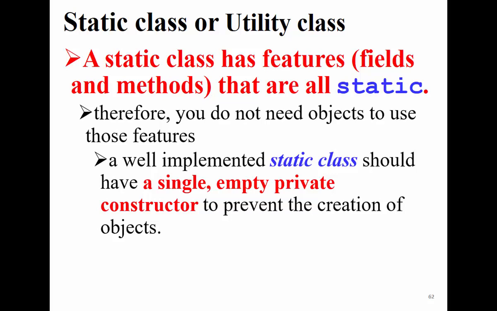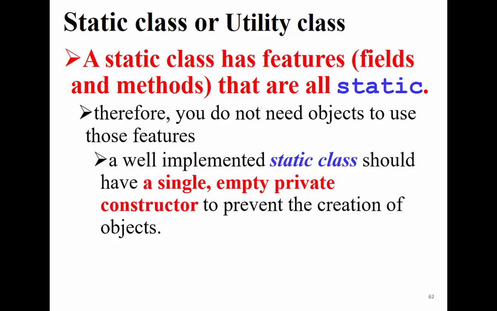BMI is not static because you can create an object. You remember when you import Java jar files, you are using utility classes. Now, let me give you one more clear example: Math.cos, Math.sin, Math.PI. The Math class is created for us by the Java experts.